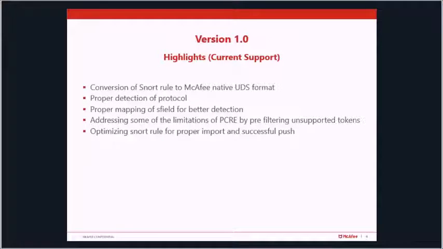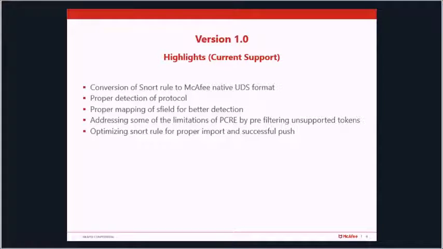For the current version 1.0 that we have developed, these are the various highlights of this utility. Version 1.0 is a command line utility, a POC in crude form, which is basically used to demonstrate how this utility would work. As of now, version 1.0 has the ability to convert most of the Snort rules directly into the McAfee native format.